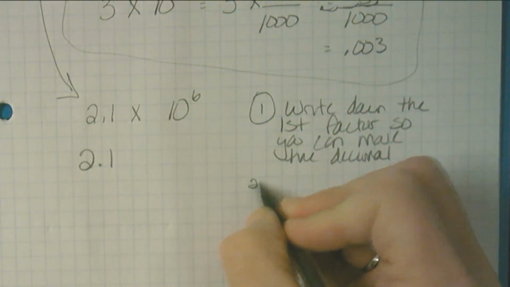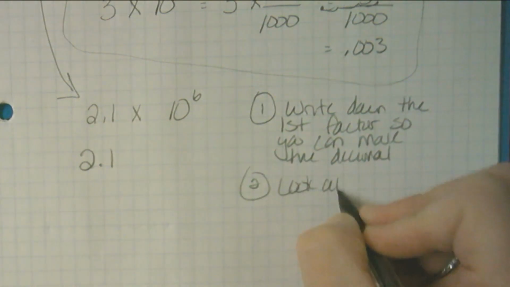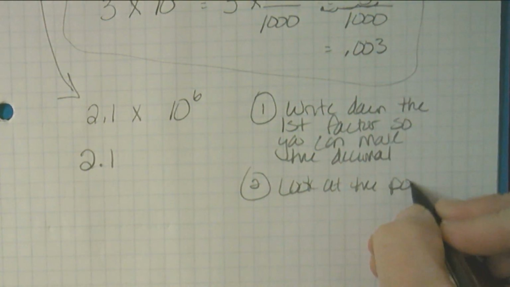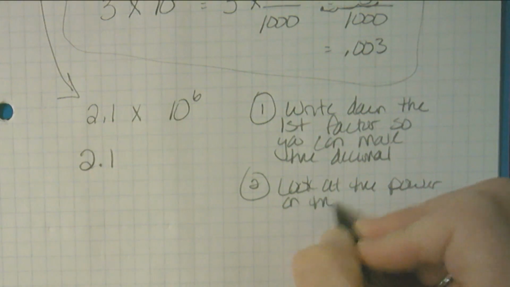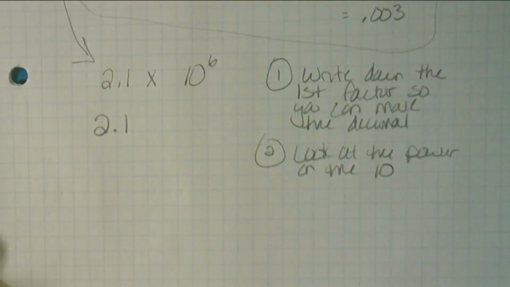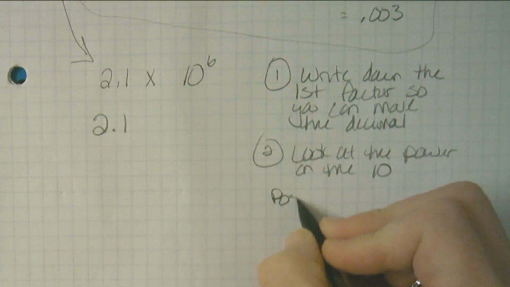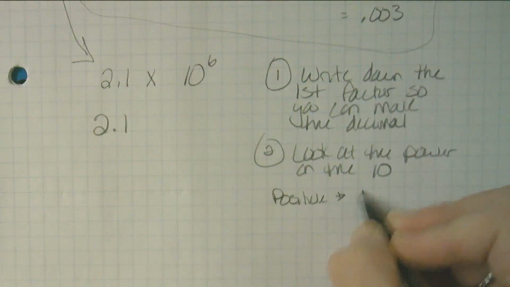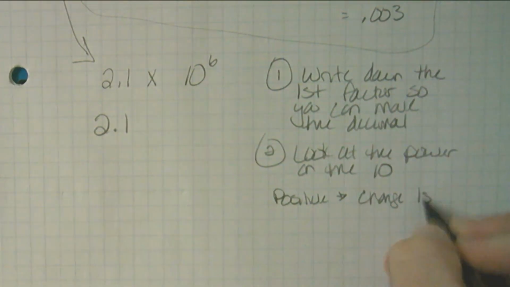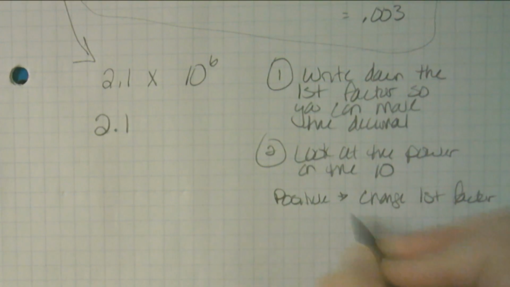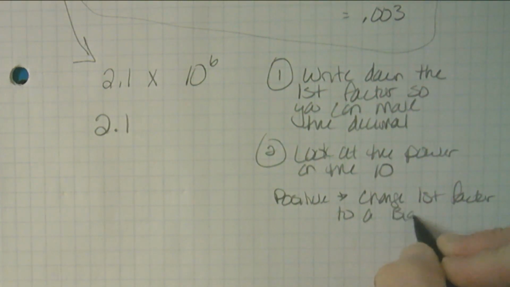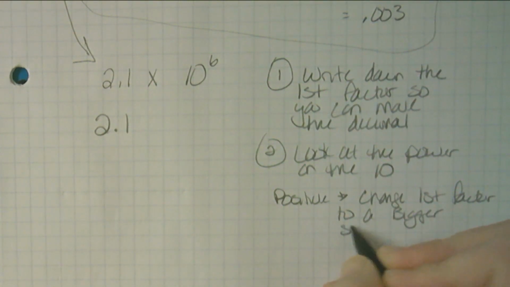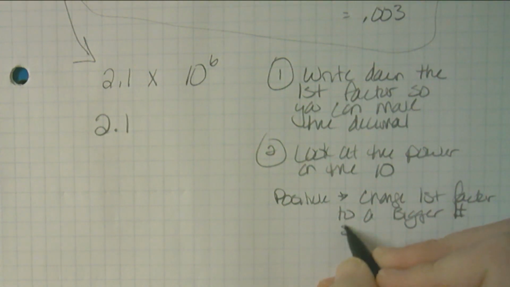The second thing you're going to do is look at the power on the 10. If it is positive, we need to change the first factor to a bigger number for standard form.